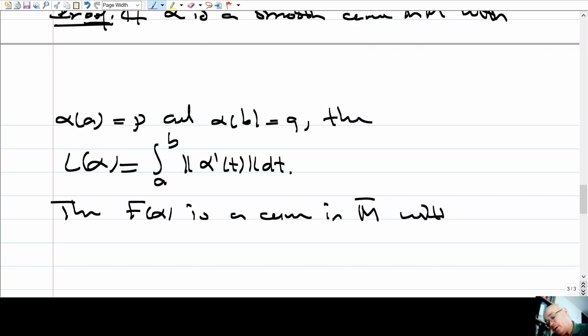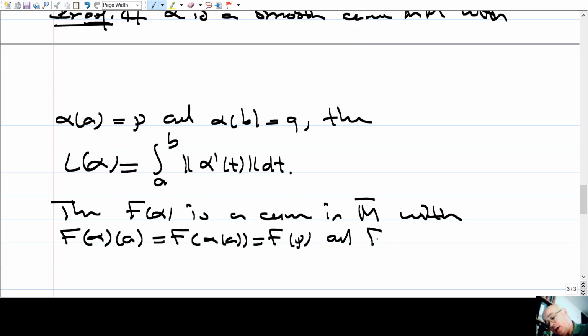With f of alpha at A being f of alpha A, which is f of P, and f of alpha at B being f of alpha B, which is f of Q. So it joins this point to this point, and its length is how much?